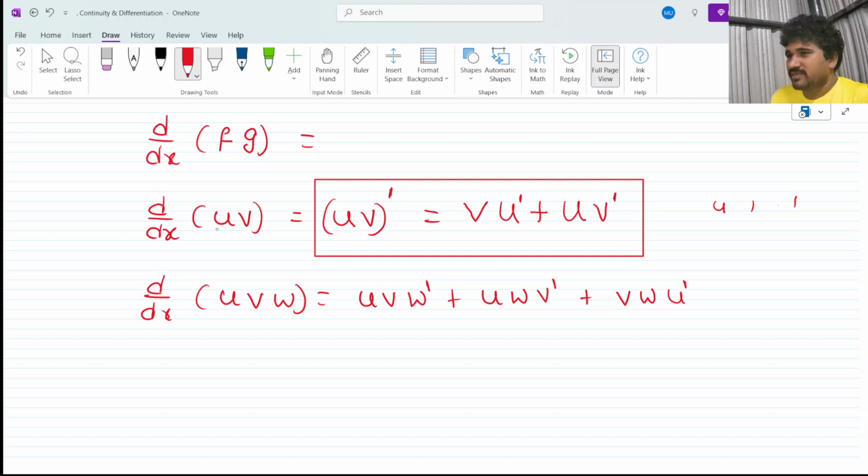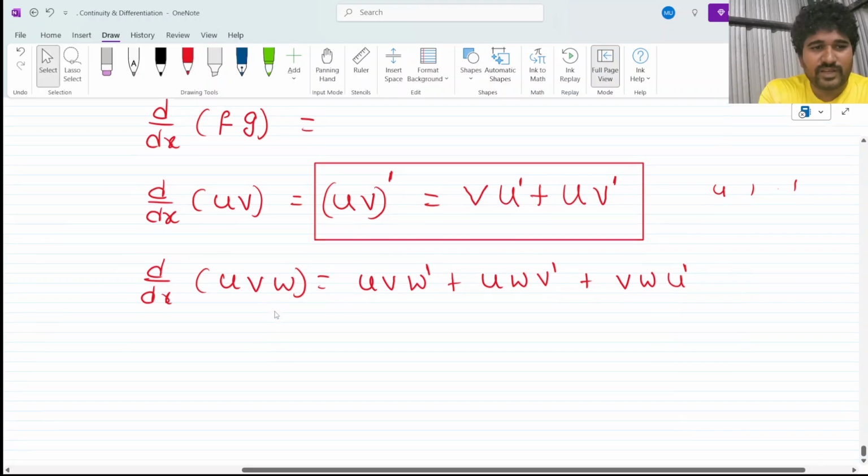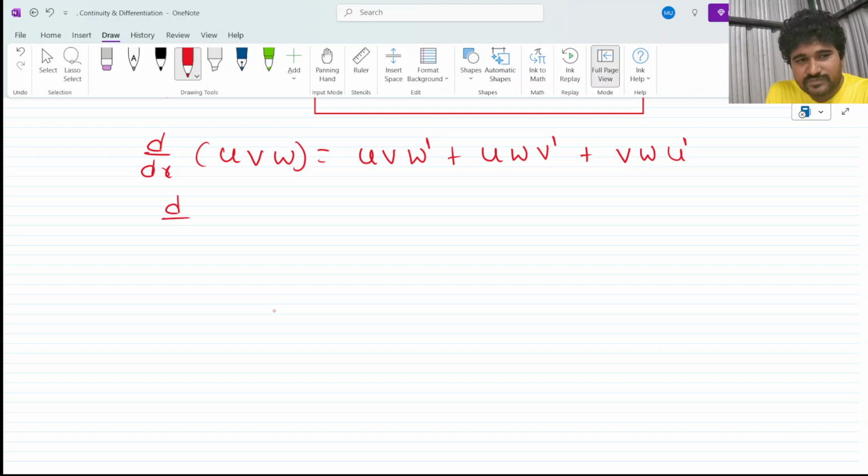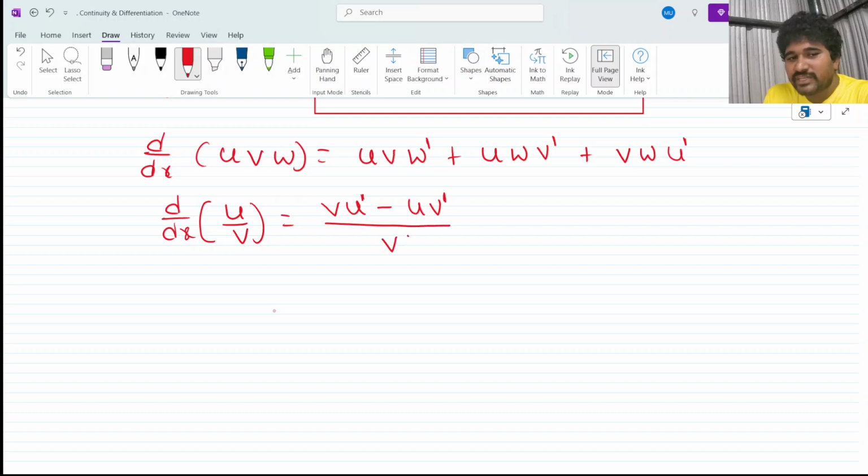Understood? Yes. Now another formula, d by dx of u by v is equal to vu dash minus uv dash by v square.